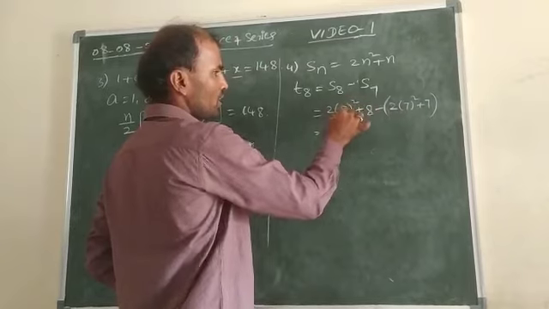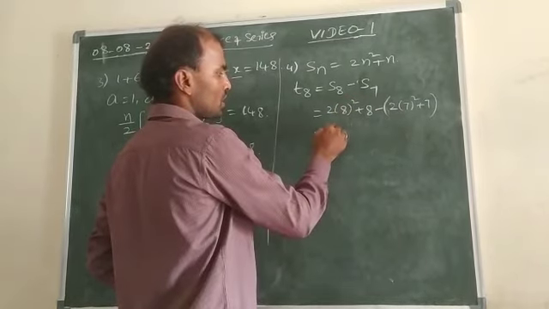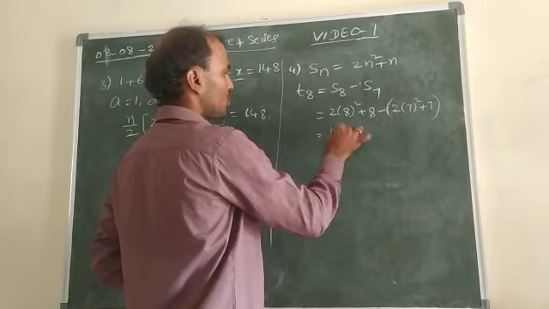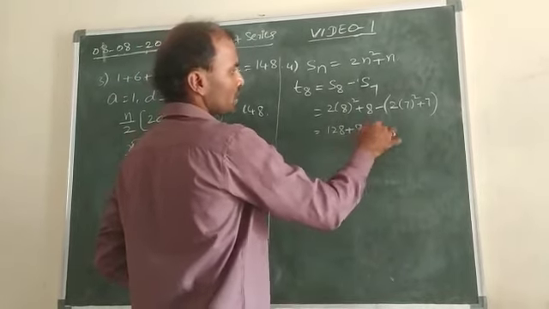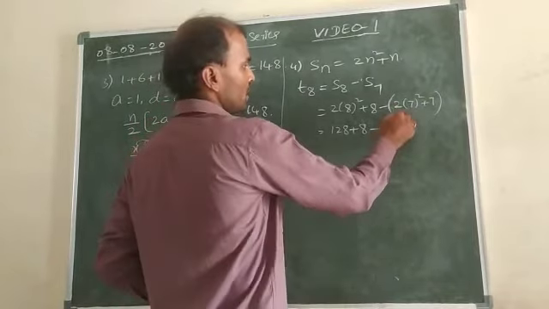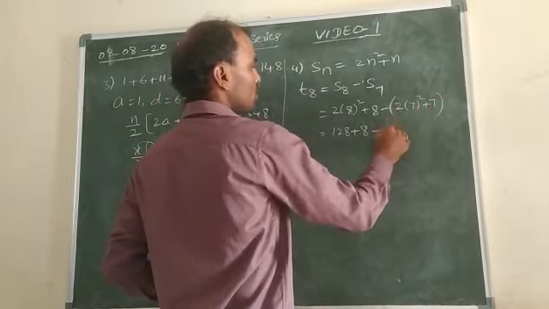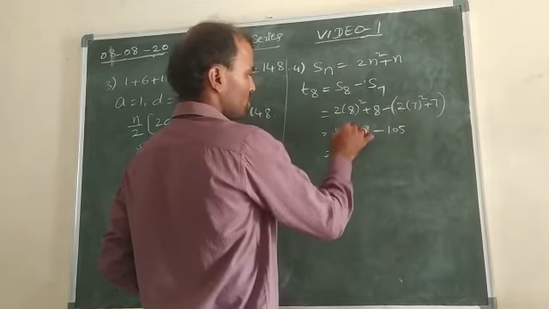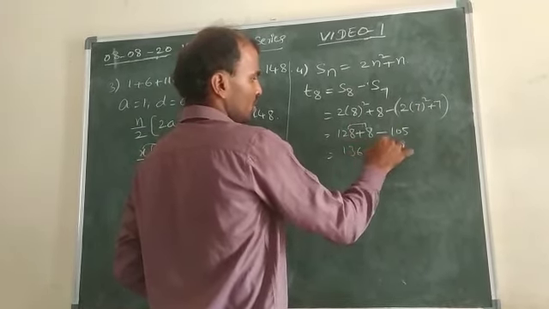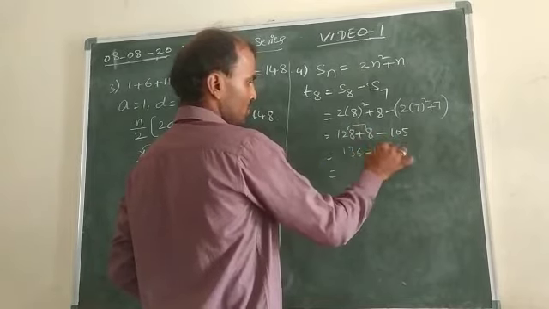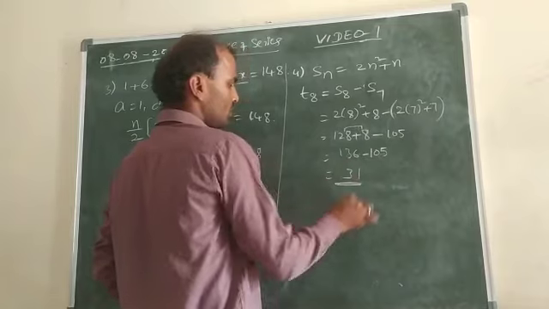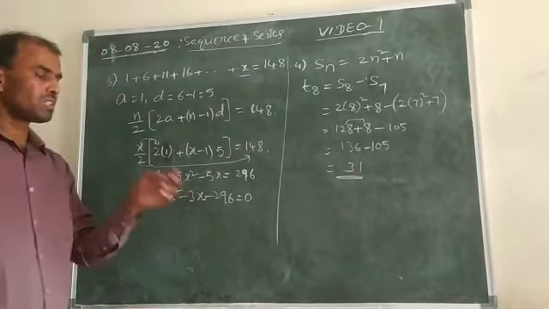Now 2 into 8 square, 8 square is 64, 2 into 64 is 128, plus 8, minus, 7 square is 49, 2 into 49 is 98, plus 7 is 105. That becomes 136 minus 105, that becomes 31. Okay, so the 8th term is 31.